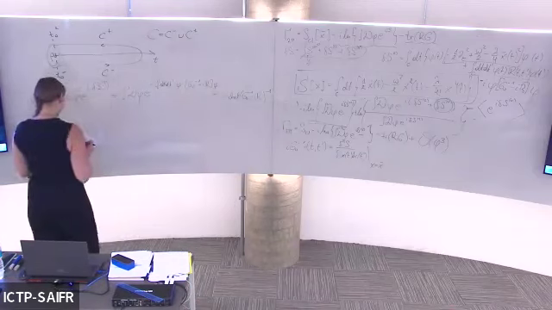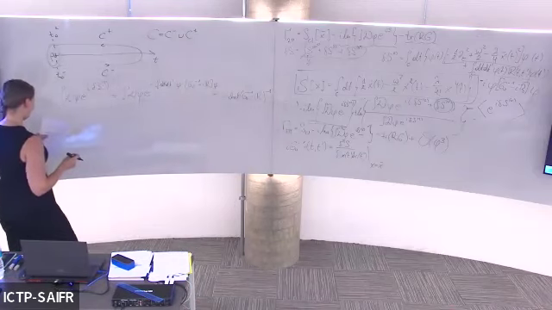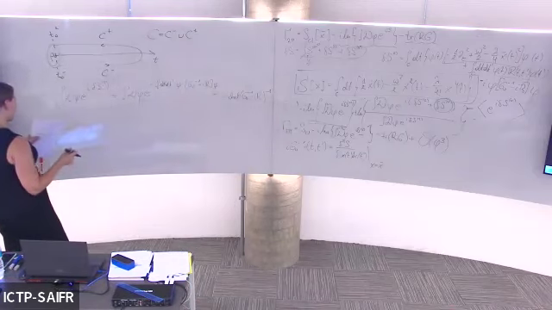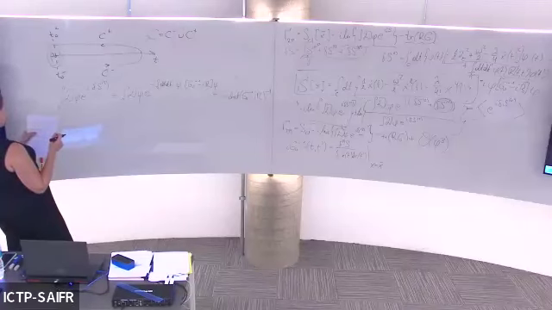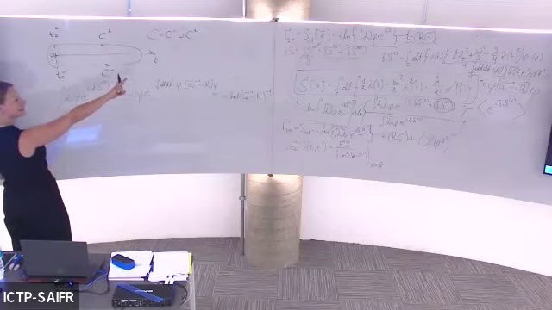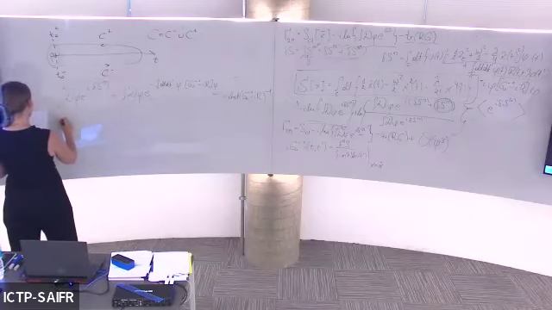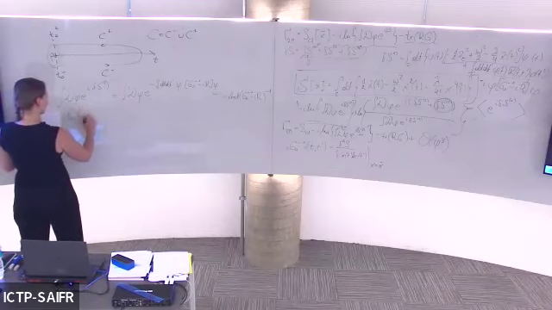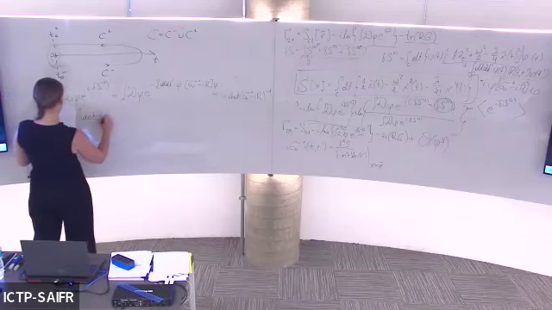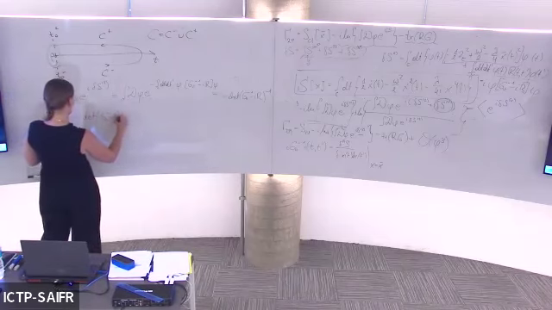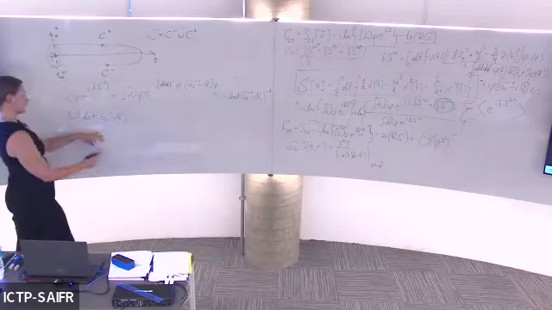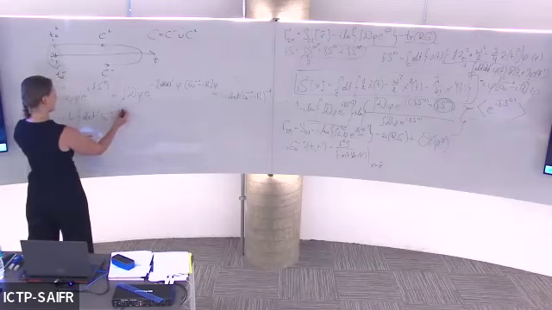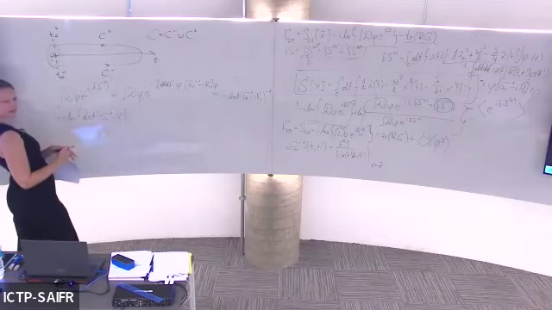And now what I have inside the 2PI action is minus i logarithm of this guy. Then there was a minus sign plus.